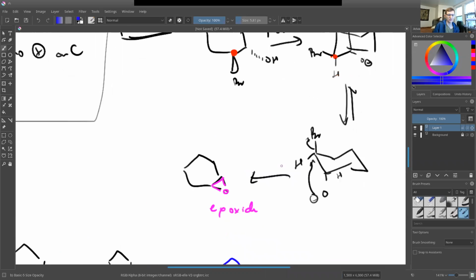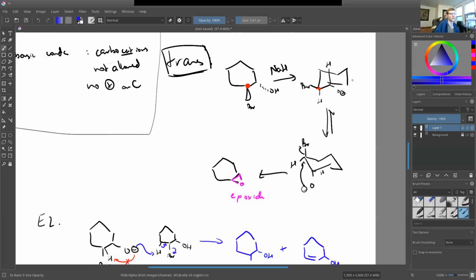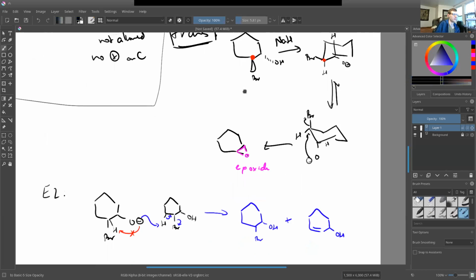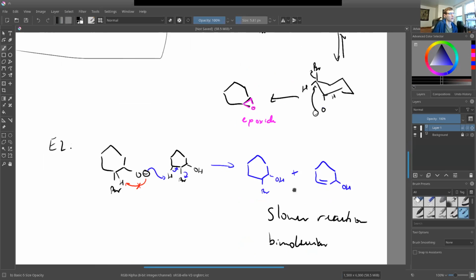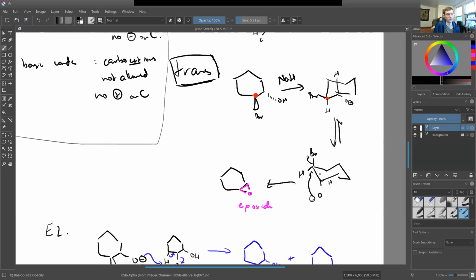It's worth saying, this will be slower. And the reason is because it's bimolecular. So you need both molecules to line up in order to actually be able to do this. Like you need two to smack together in the right orientation. Whereas over here, this is just within the molecule.